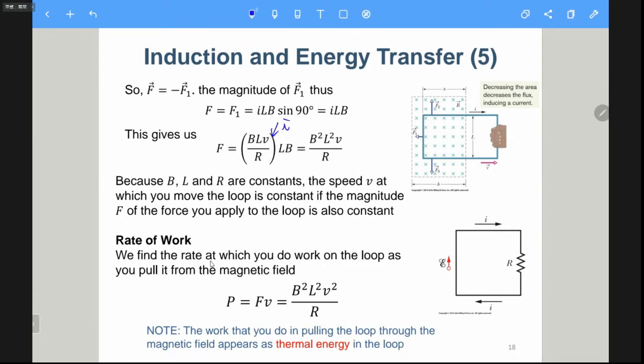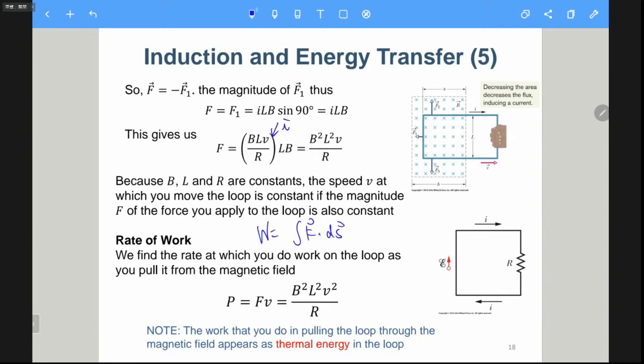And finally, we find that the rate at which you do work on the loop, pulling it from the magnetic field, is P equals FV. If you still remember, W is the integration of F dot ds.